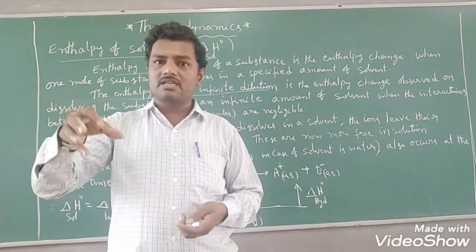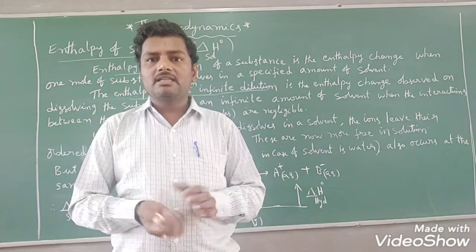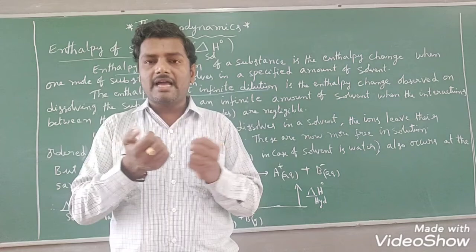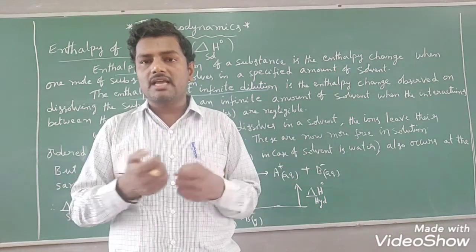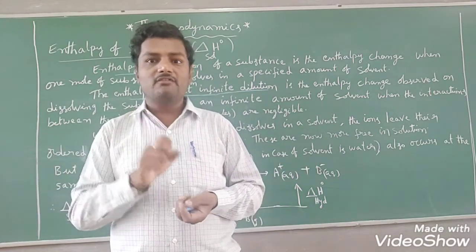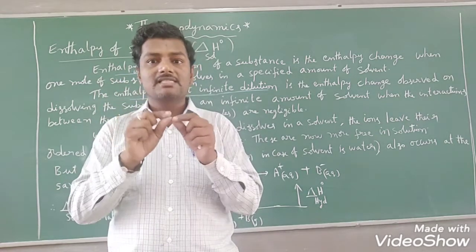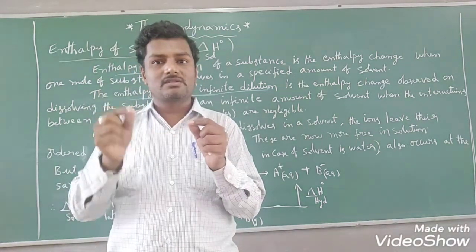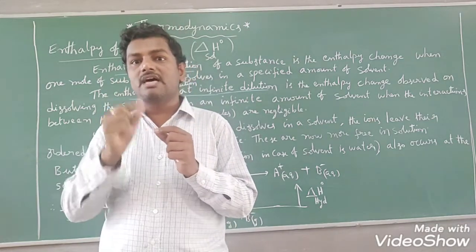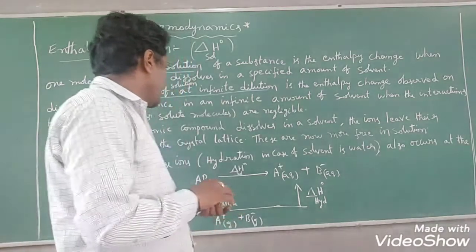When 1 mole of a substance is dissolved in water, the ions move freely in the solution. That means the ions leave their ordered positions and can move freely. Along with that, the ions formed in the solution are associated with water molecules. That phenomenon we call hydration.